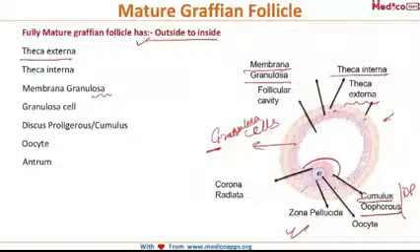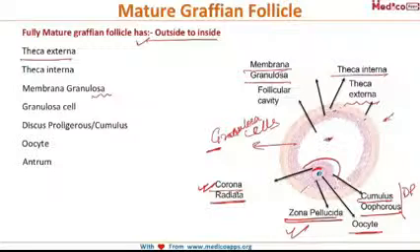And the cells which are just adjacent to the oocyte are arranged radially and are called corona radiata. So even these are the granulosa cells which are adjacent to the oocyte. Then this is the oocyte, and the oocyte is surrounded by a zona pellucida. We will be discussing this. And this white structure is the antrum, or the follicular cavity, filled with fluid.